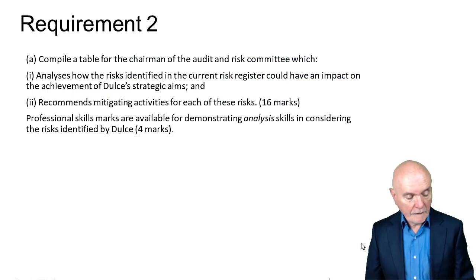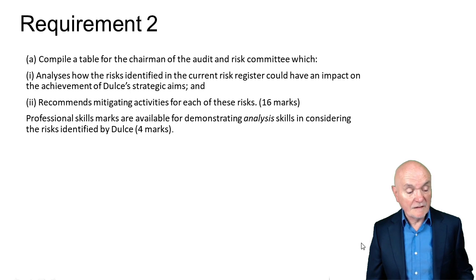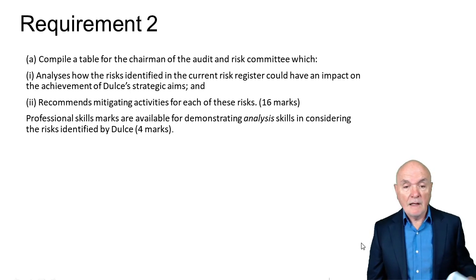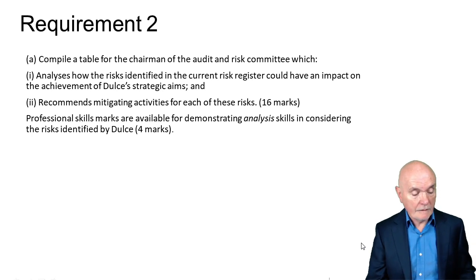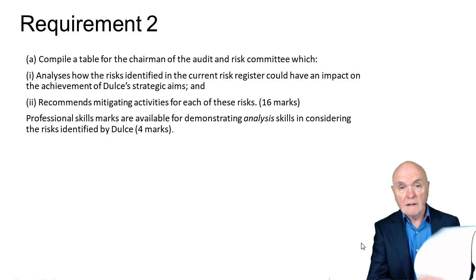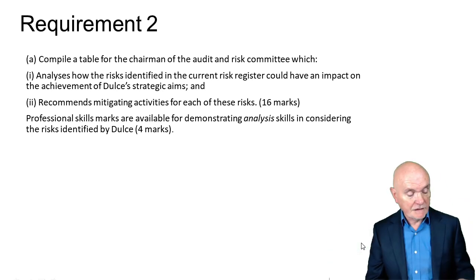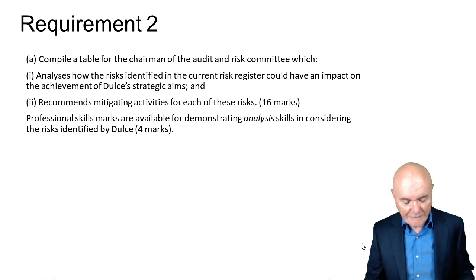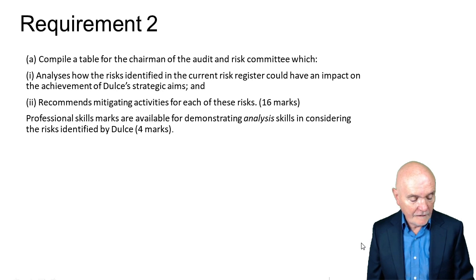Requirement 2 deals with really Exhibit 4 of the question, where there is part of the risk register reproduced. So the risk register shows basically a very brief description or title of the risk item, like a competitive marketplace.